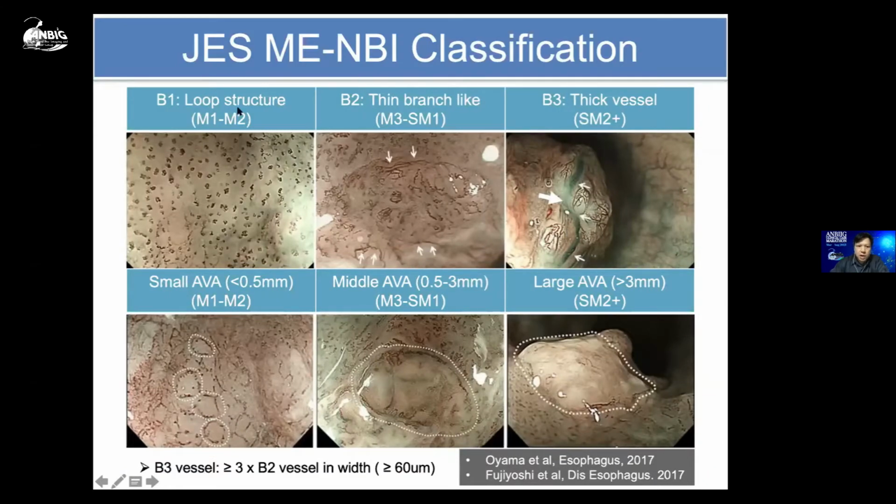For example, the JES magnified NBI classification of IPCL divides the IPCL into type A, normal, type B1, loop structure IPCL, type B2, thin branch type IPCL, and B3, thick vessels. Each type of IPCL correlates with different pathology.